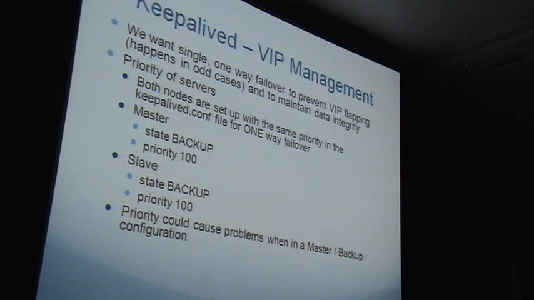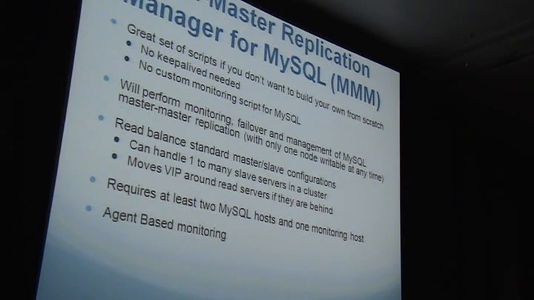Then we start it on the slave, and it says, okay, well that IP is already taken, and I don't really need to do anything with it until something happens. So the master goes down, the IP fails over, but if the master ever comes back up, it's still a backup because that IP is being used and it's not actually set as a master server, where the IP would just keep flapping back and forth, which is a dangerous situation to be in.